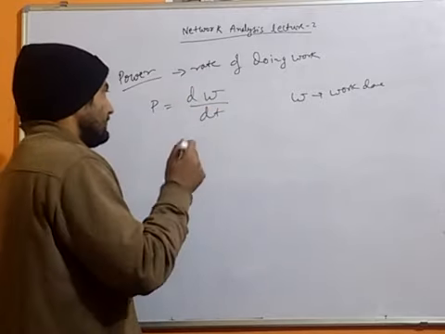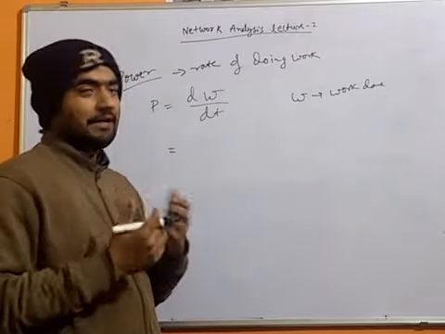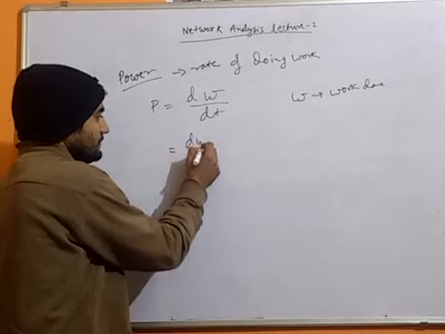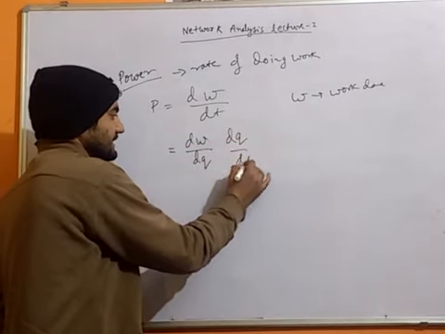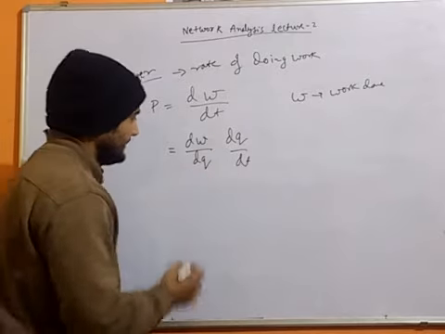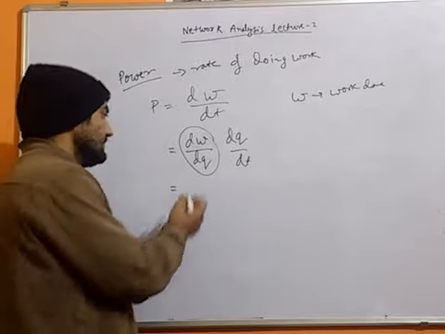Further we can derive it in terms of voltage source and current source. How can we derive it? We are doing a small trick here: dW upon dq, times dq upon dt, dividing by the same value and multiplying by the same value. Now this we know. What is this? This is voltage.